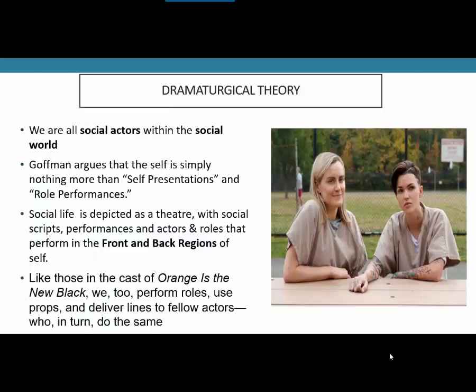Much more commonly used, or certainly much more commonly taught than ethnomethodology, is dramaturgy. And so dramaturgical theory begins with this idea that we are all social actors within the social world. So Goffman basically builds on the idea that we have statuses and social roles, and he calls this role performances, right?